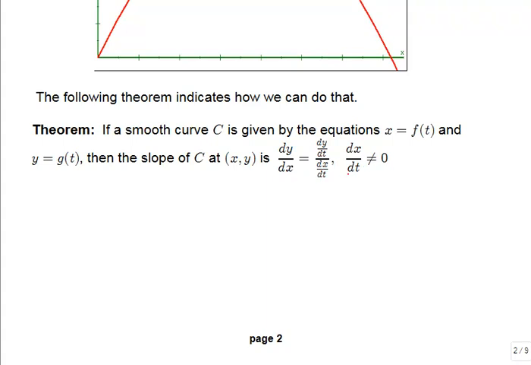And here we need to assume that dx dt is not 0, otherwise we would be dividing by 0. So parametrically, to find the derivative, you take the derivative of the y function with respect to t divided by the derivative of the x function with respect to t.